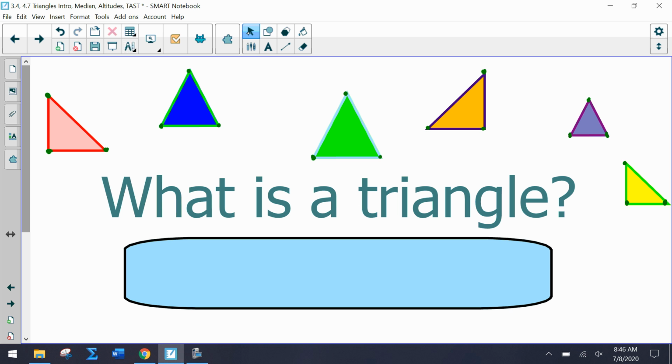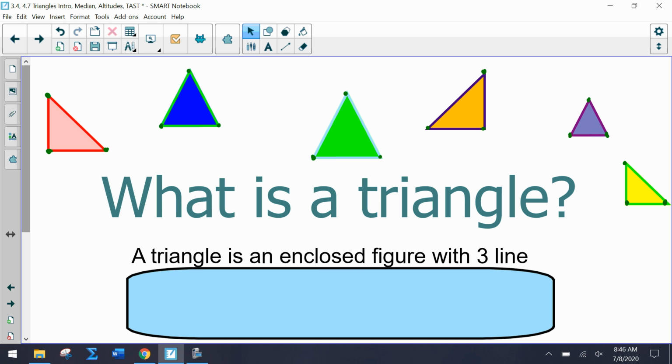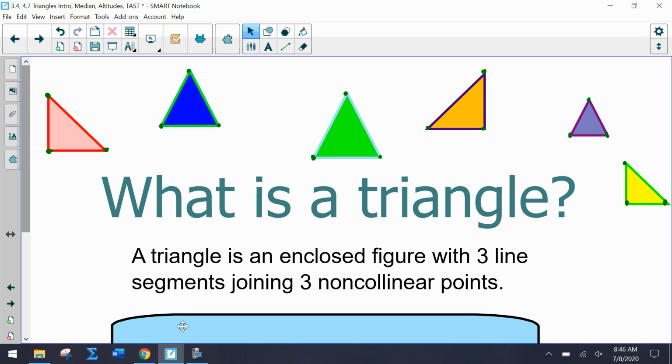And thinking back to that first unit, we know that it's an enclosed figure with three line segments joining three non-collinear points. So when we drew planes in the first unit, we actually drew a triangle, right? Three non-collinear points created a plane. So those three non-collinear points, when we connect those lines, we have a triangle.